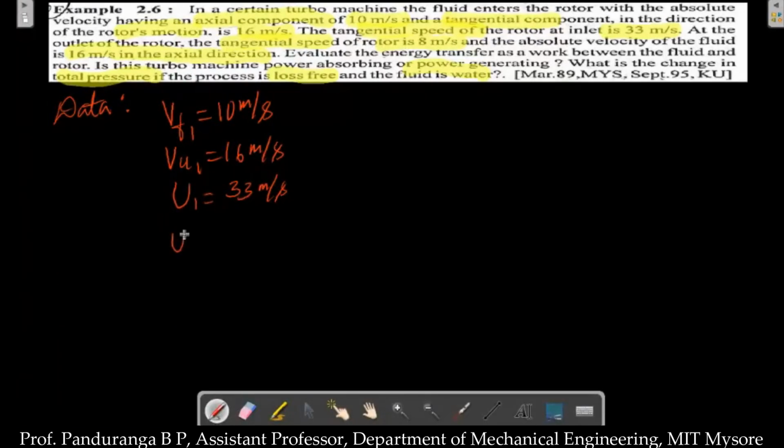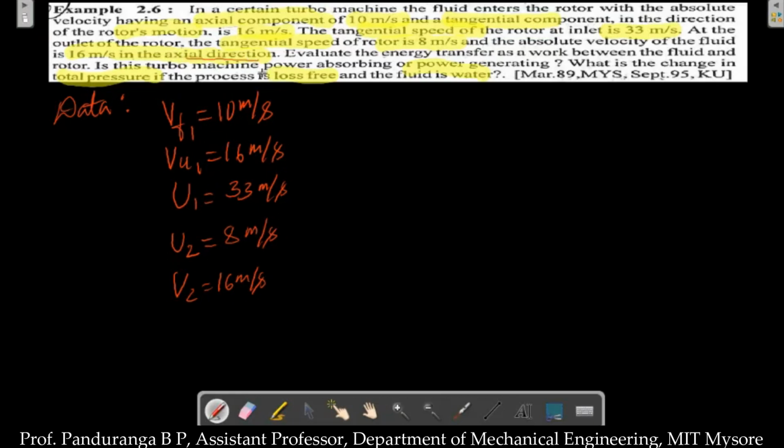So at the outlet, it is U2, and U2 is given as 8 meter per second. Now, the absolute velocity of the fluid is 16 meter per second. So V2 is 16 meter per second, and that is in the axial direction.